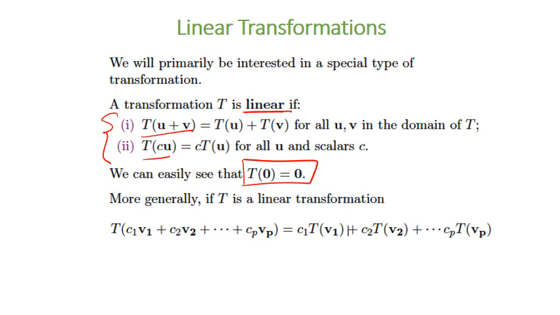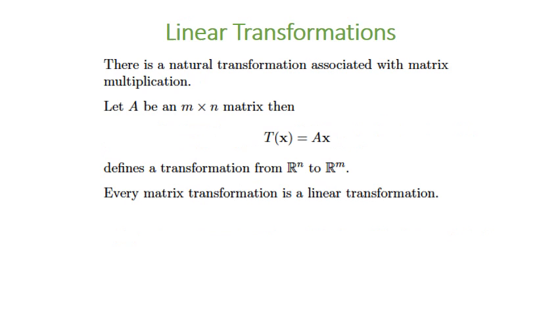A lot of this is pretty straightforward. It's just more of the same. You can take a moment to read through this. More about this: every matrix transformation is a linear transformation. You can read through this too. I don't know that you need me to read it to you.